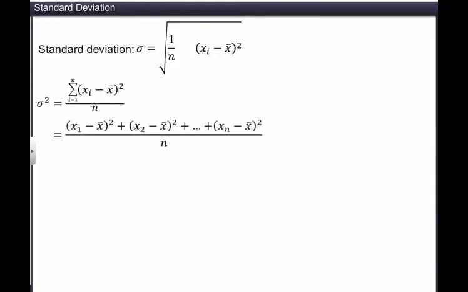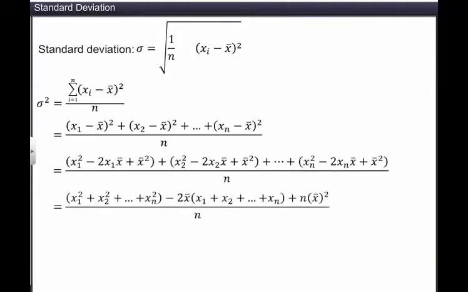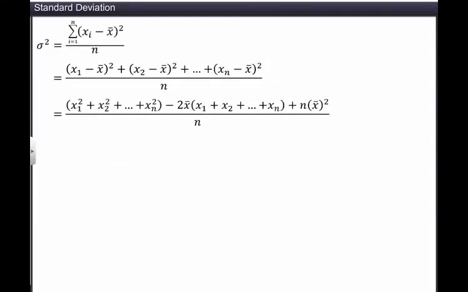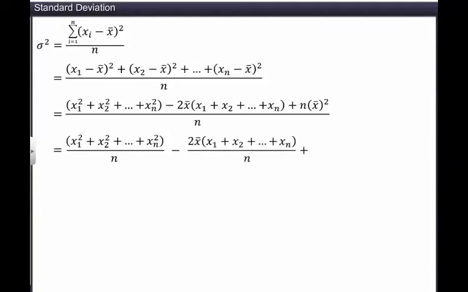On rearranging the terms and simplifying, we get x1 squared plus x2 squared plus so on till xn squared, whole divided by n, minus 2x bar multiplied by x1 plus x2 plus so on till xn, whole divided by n, plus n multiplied by x bar squared, whole divided by n. We know that the sum of the observations divided by the number of observations gives the mean of the observations.